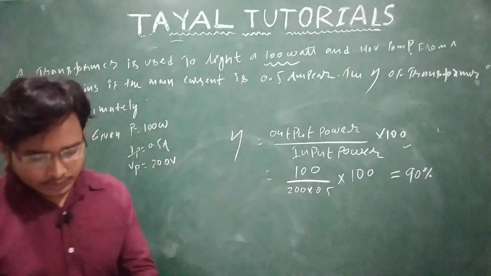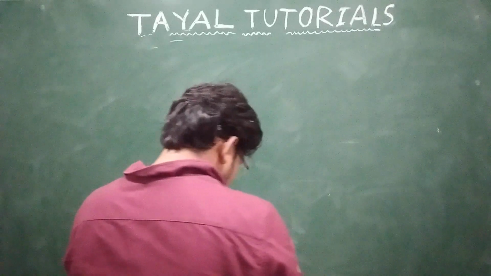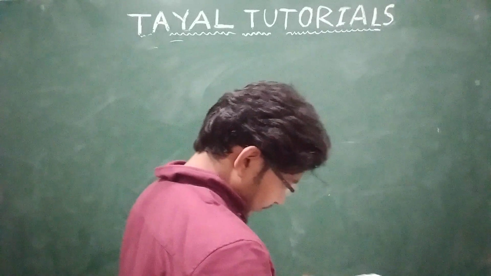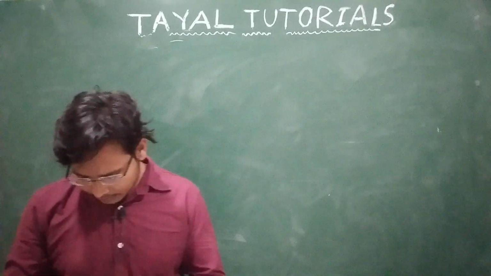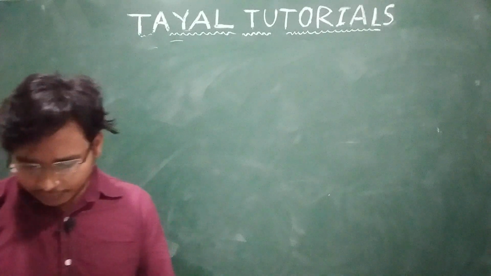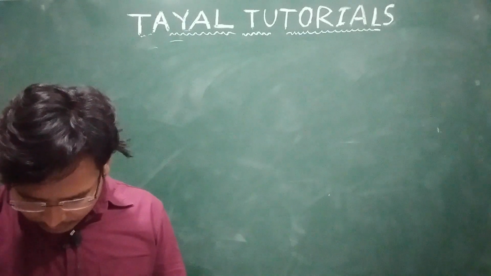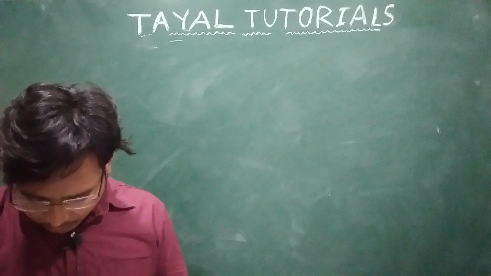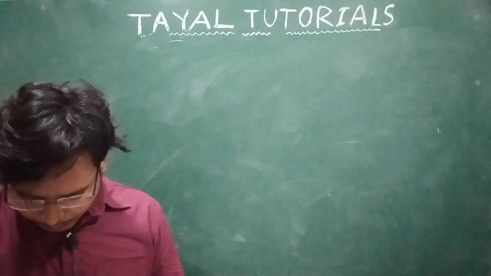Okay, next question. The primary and secondary coil of the transformer have 50 and 1500 turns respectively.